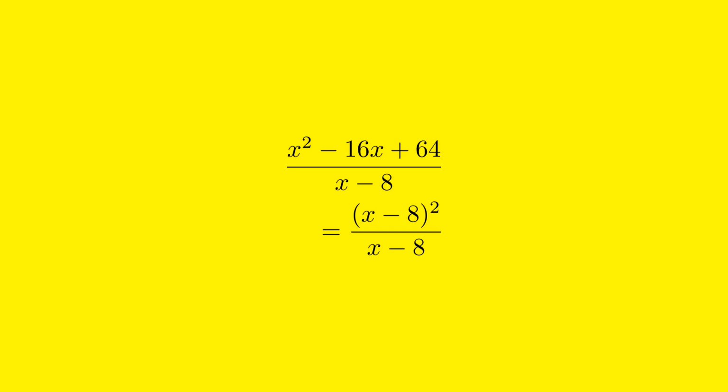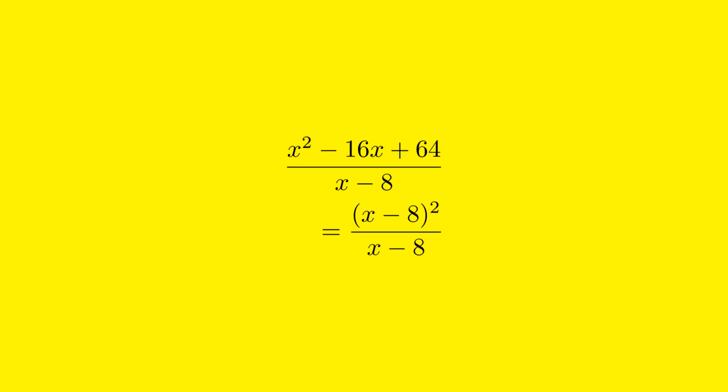Therefore, the quadratic expression can be factored into (x - 8)(x - 8). This can also be written as (x - 8)² because we are multiplying x - 8 by itself.